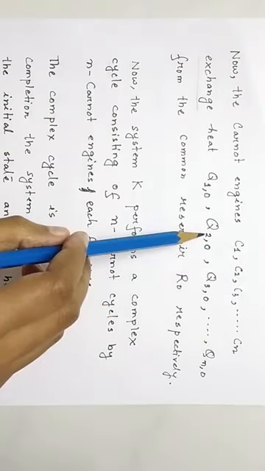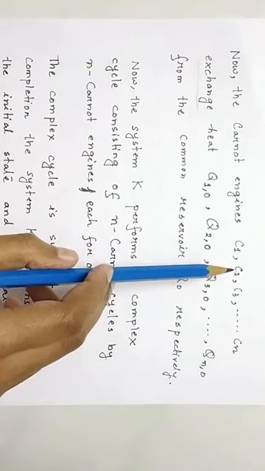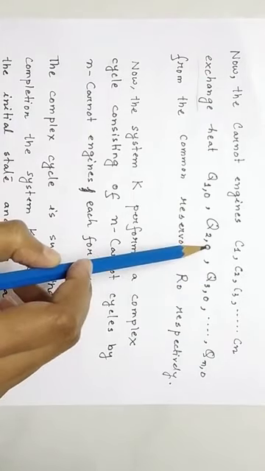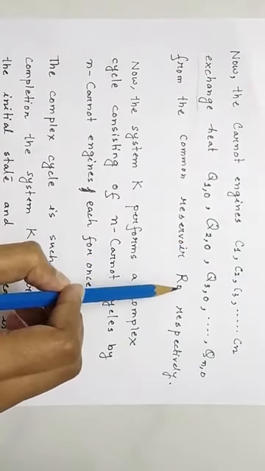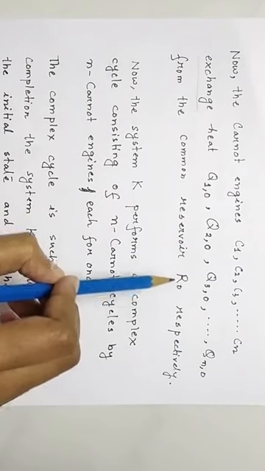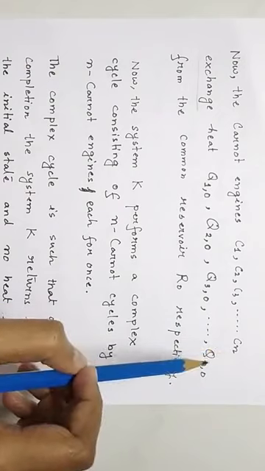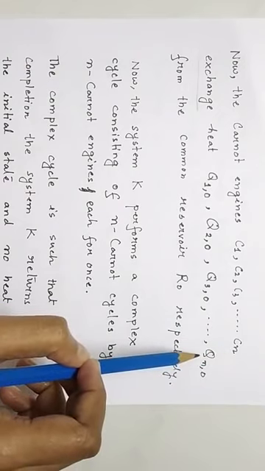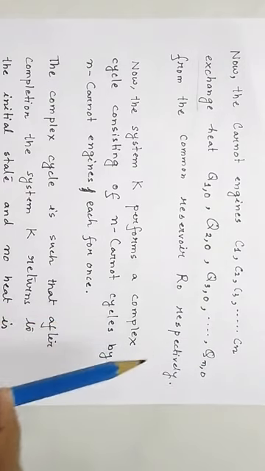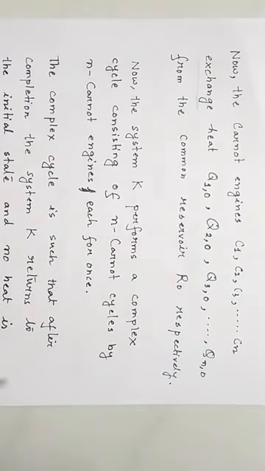So 2 stands for the second Carnot engine C2 and 0 stands for R0, the common reservoir. Like this, the nth Carnot engine exchanges an amount of heat Qn,0 with the common reservoir R0.